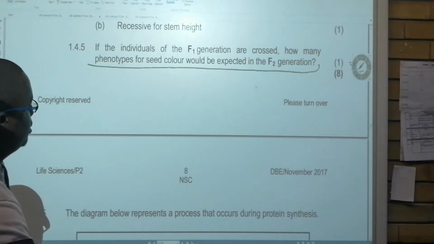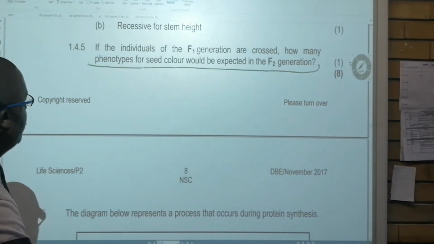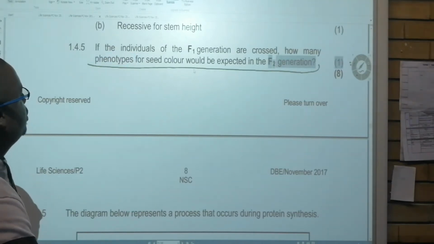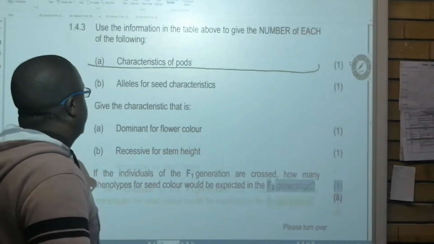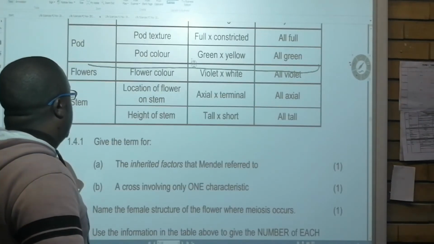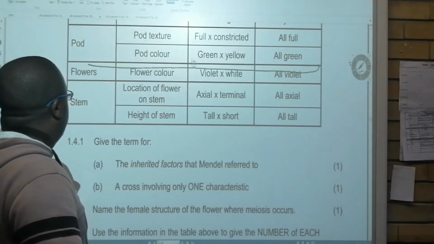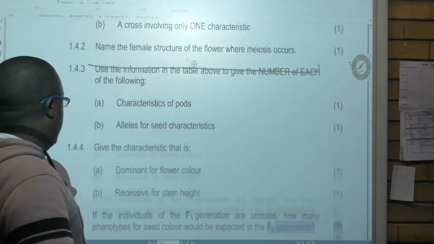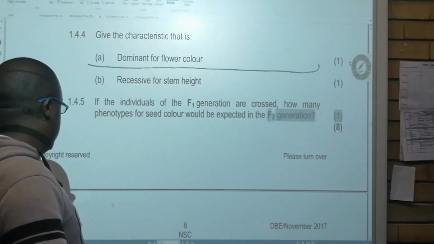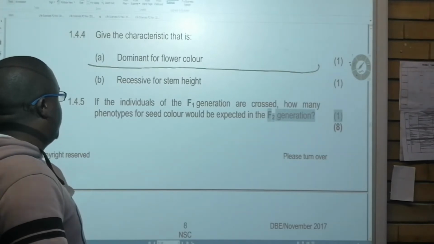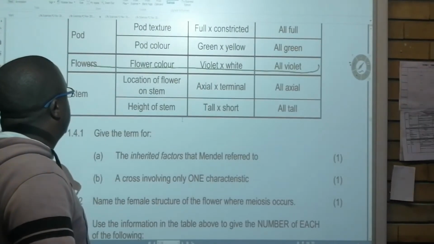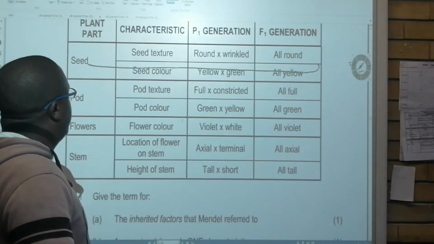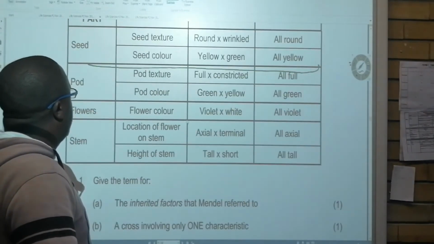How many phenotypes will be expected where? In the F2. Let's go to seed color. Sorry, give me a second, there we go. There is seed color.